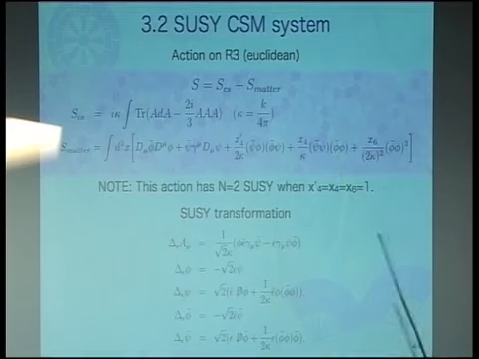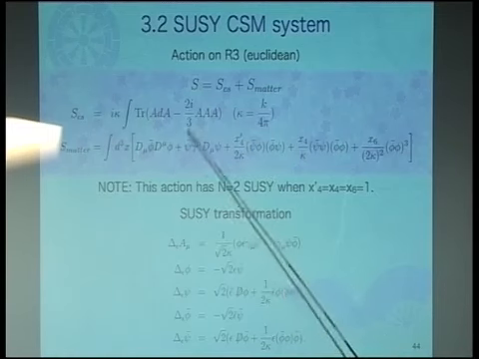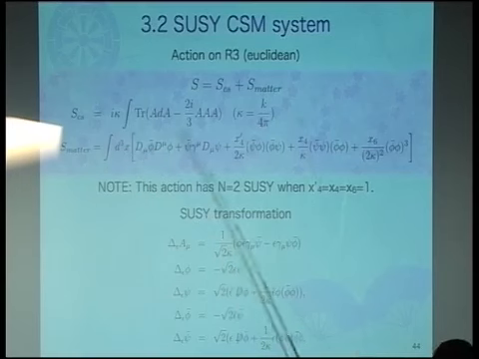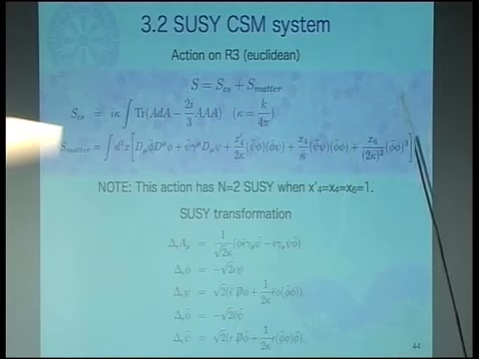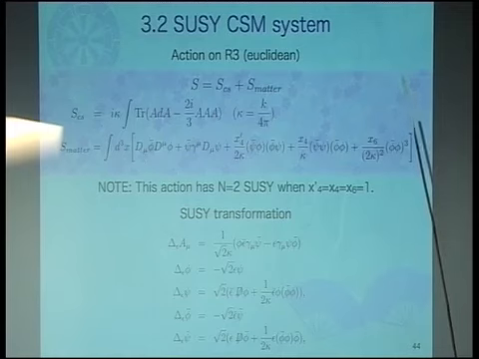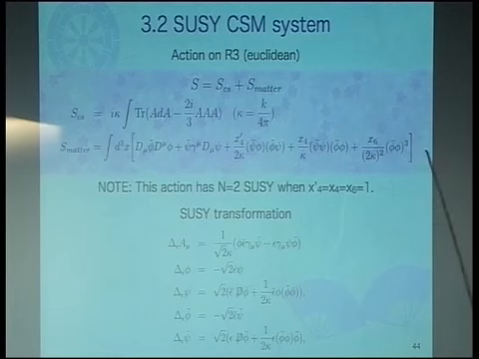First, construct the N equal to 2 Chern-Simons Lagrangian and matter, and in that case the fields in the vector multiplet become auxiliary fields except for the gauge field. So integrating them out, you can obtain this.